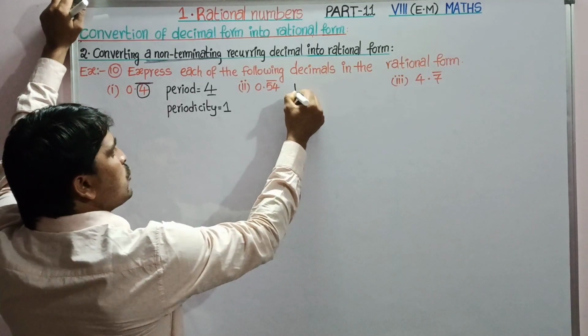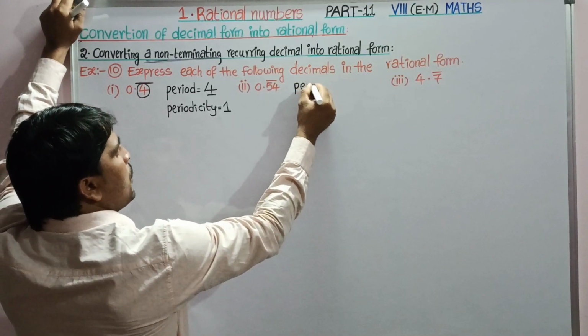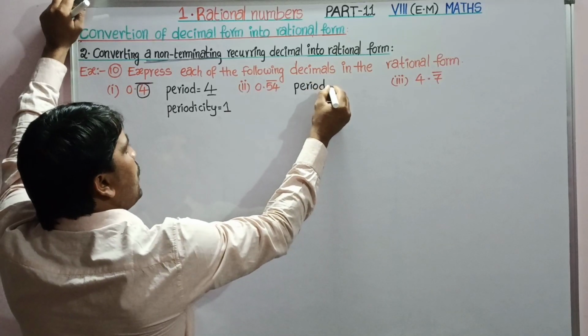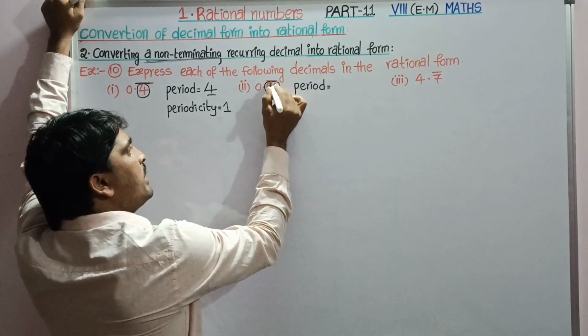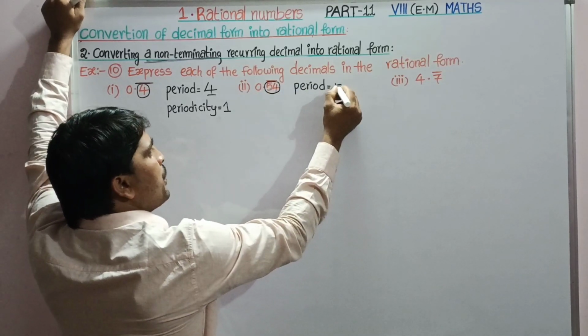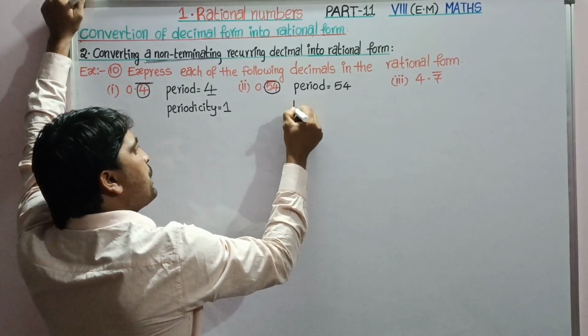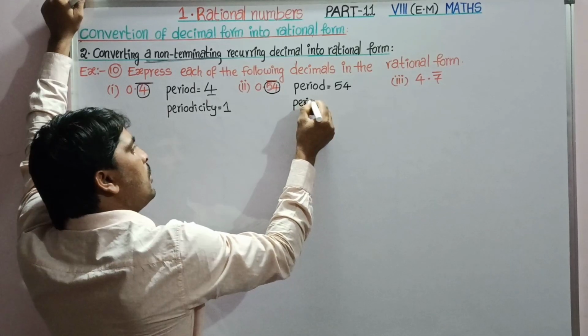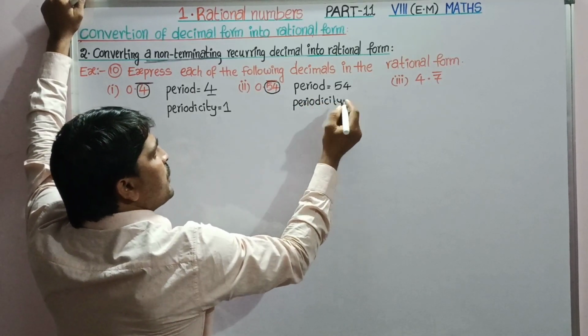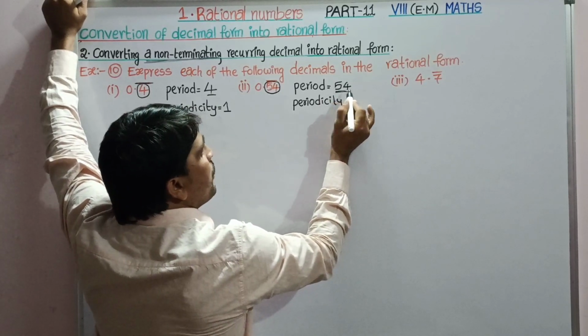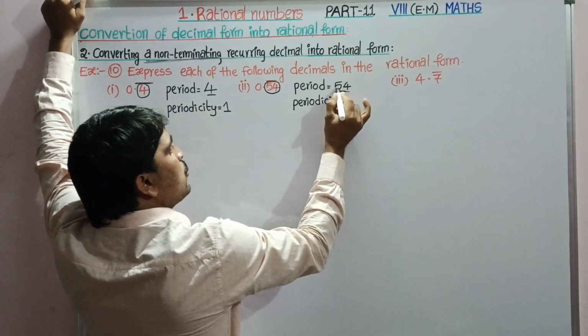What is the period of 0.54 bar? Period means the digits that come under the bar. That is 54. So the period is 54. What is periodicity? Periodicity is the number of digits in the period. 2 digits are there.